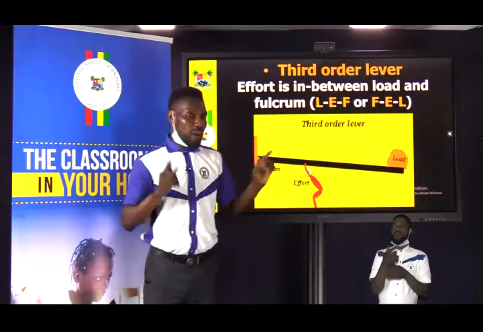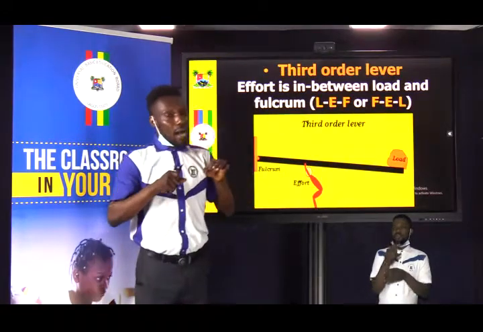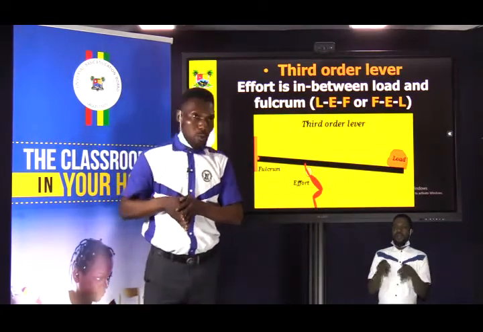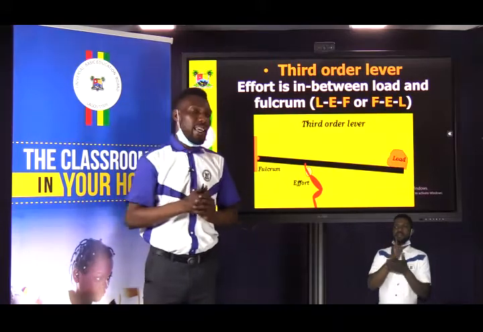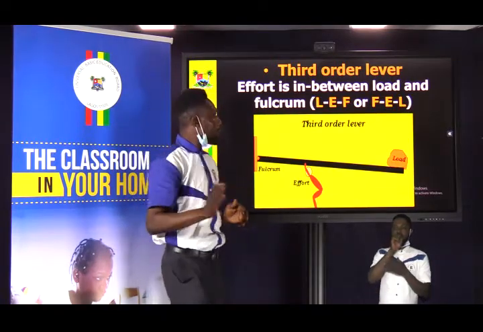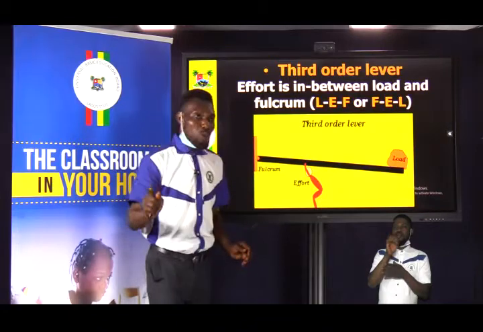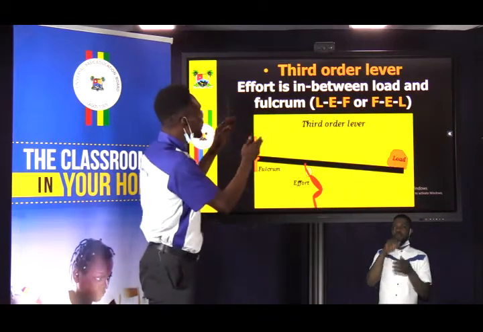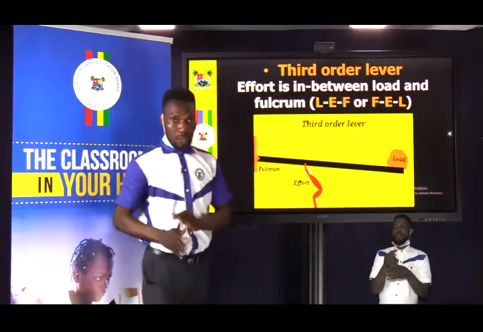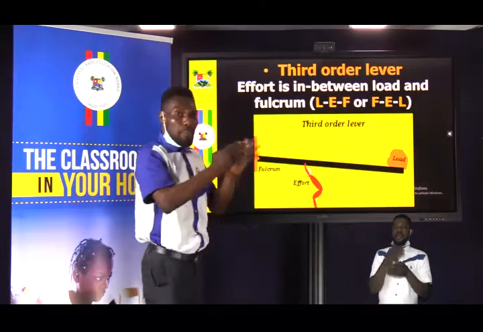The third one, don't forget the song Fly Like. The next one will be eagles. That is the E. The E stands for what? Effort. That means effort must be in between the load and the fulcrum. That means effort must be in the middle.